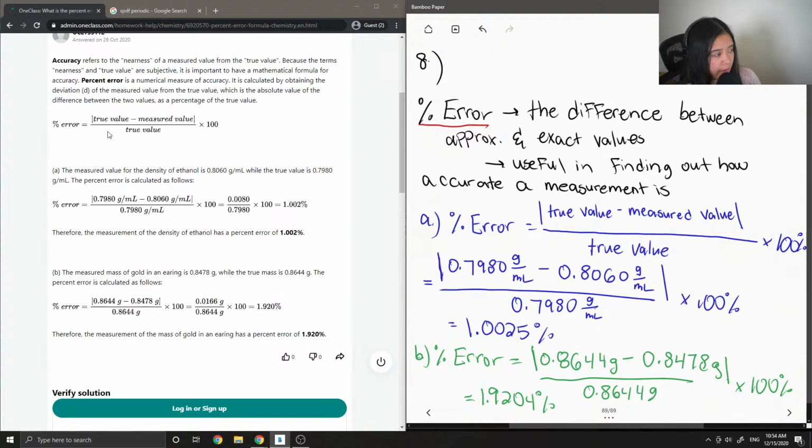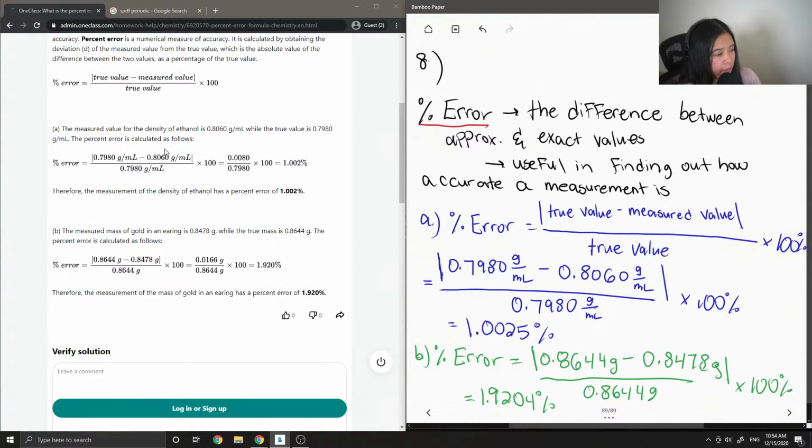Okay, so they have the equation here. For part A, they plugged it into the equation. You can see an example of how the value in the middle of the two bars would normally be a negative 0.008, but we're only looking for the difference between the two.